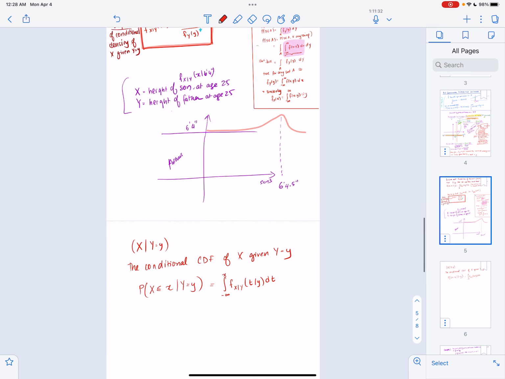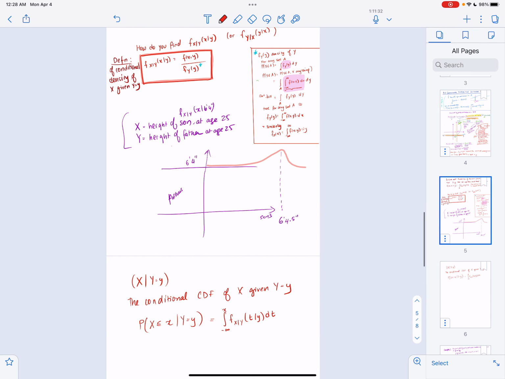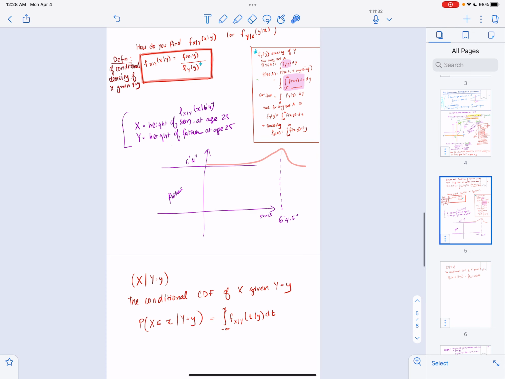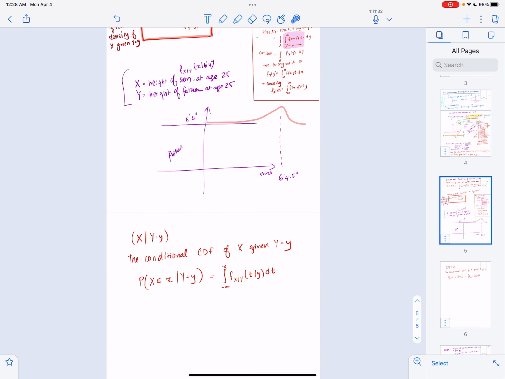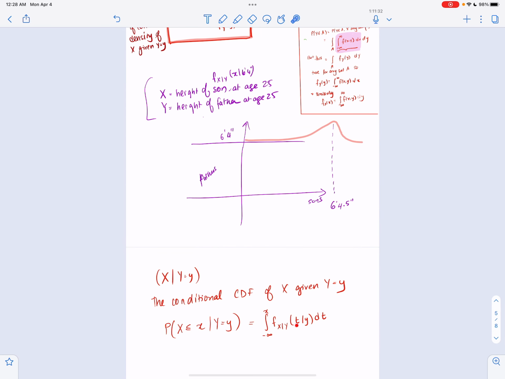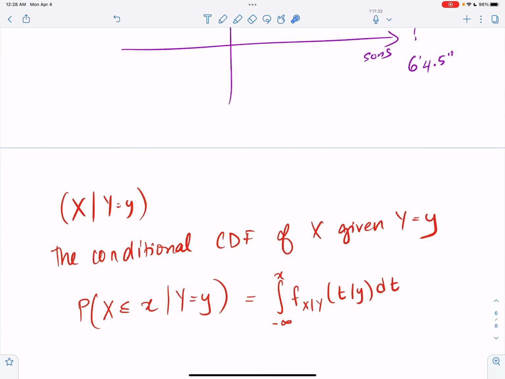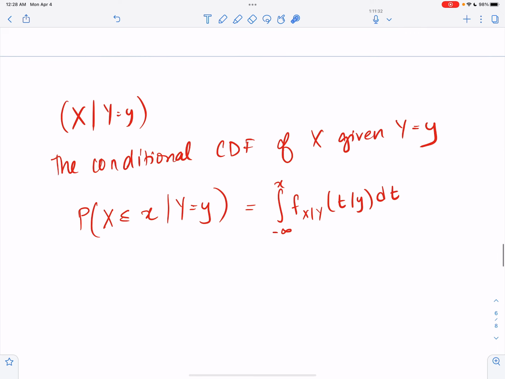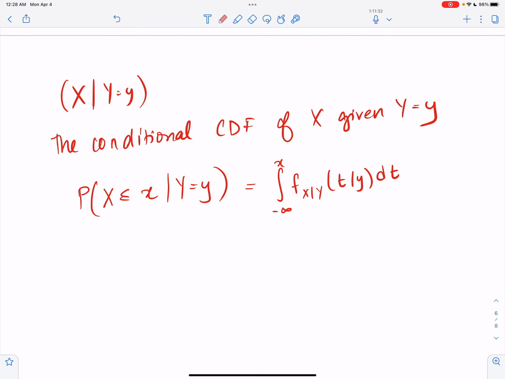Obviously I cannot put the letter x as the integration variable because that's one of the limits of integration. So this is what you have: the conditional CDF of x given y equals y.